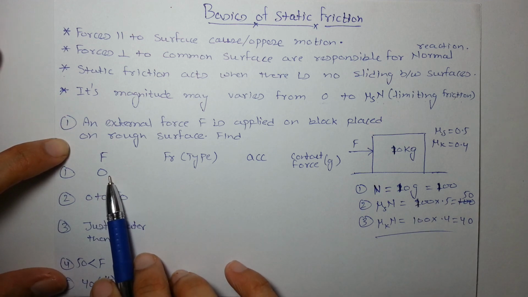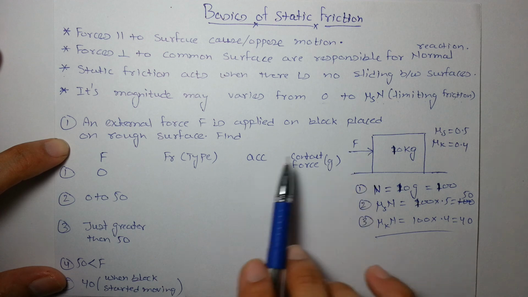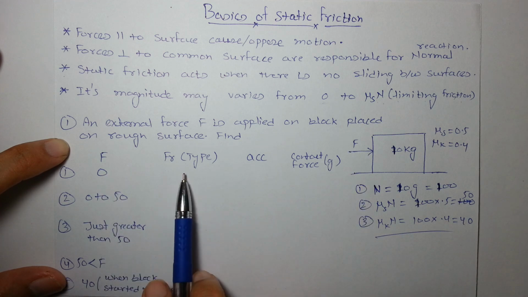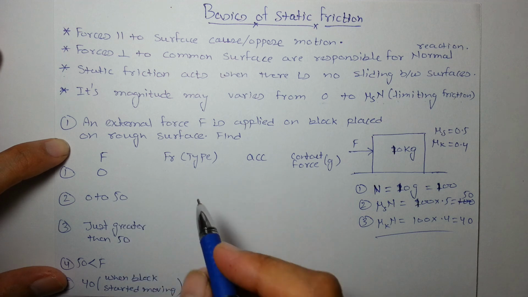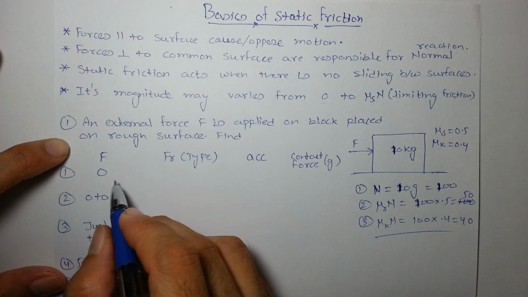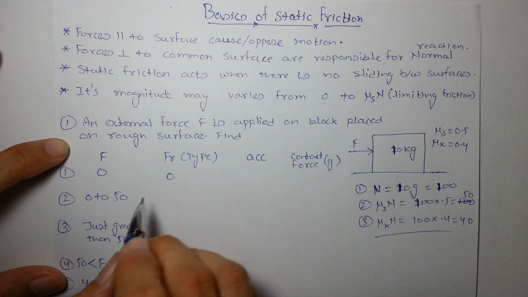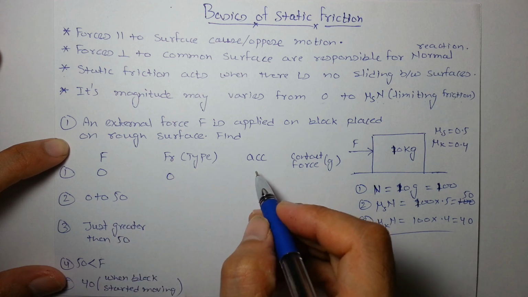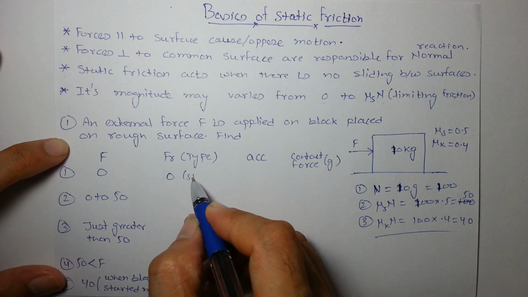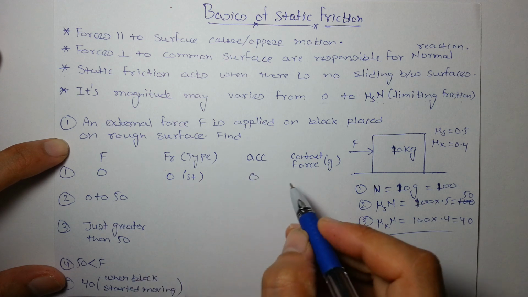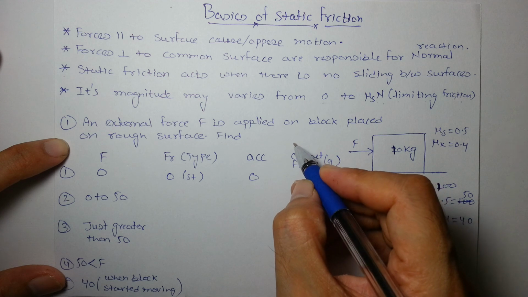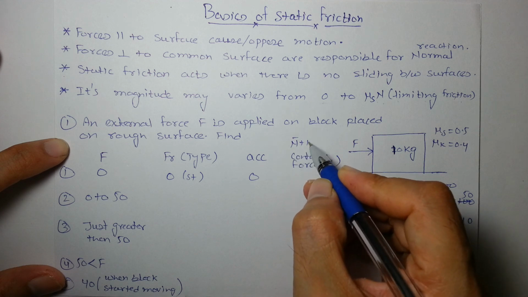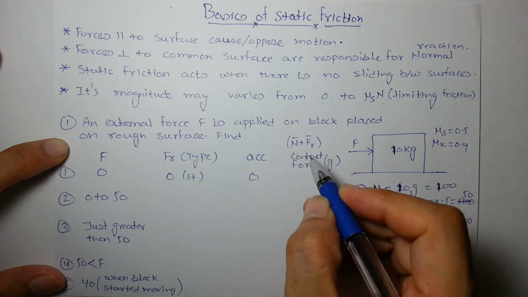So when F external is 0, this is external force, its values are given. We have to find what kind of friction corresponding to the values will act. So the friction force when no external force is applied will be 0, and we can't decide its type, or we can say it's static. Acceleration will be 0, but the contact force is basically normal plus friction in vector form.